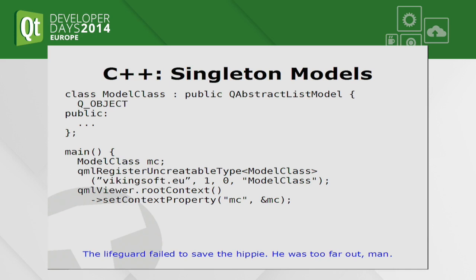And then you give it to the viewer, to the root contents, and say, there is now an object called MC, and this is the class that has it, or the instance of this list. The model class is an abstract list model, and I'll come back later to how you communicate what's inside the list itself. I'll show that in later slides. This is only about giving the actual object to QML.